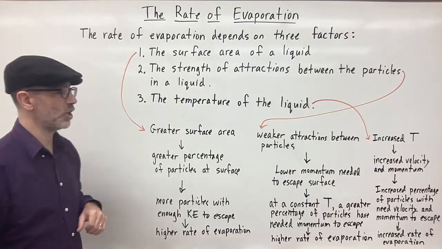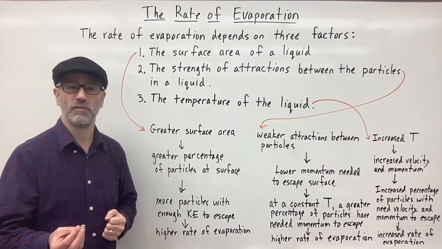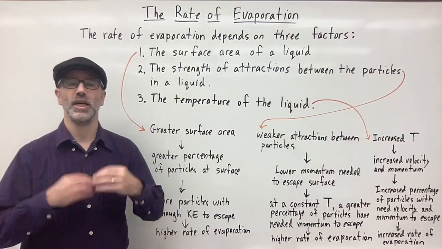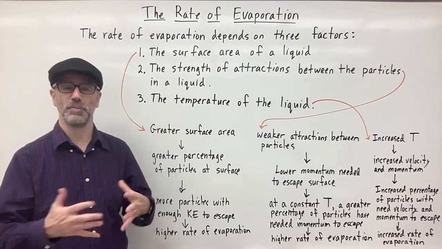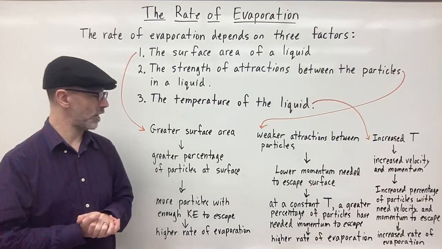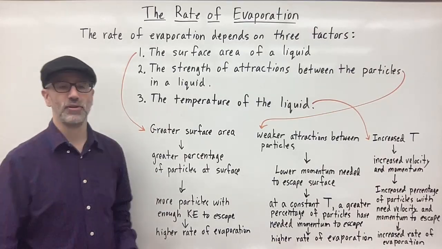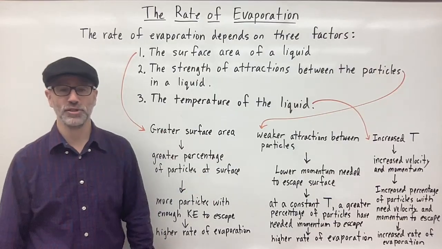And the temperature of the liquid: if you increase the temperature, you increase the speed and kinetic energy of the particles, and therefore more particles have the needed energy to escape those attractive forces. And so that is how the rate of evaporation is affected by those three factors.